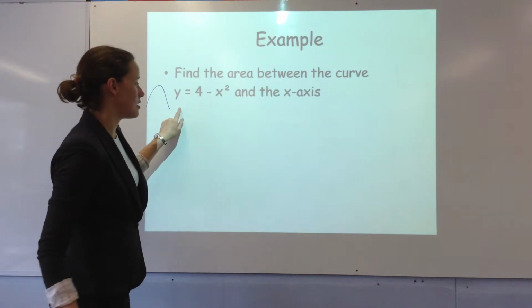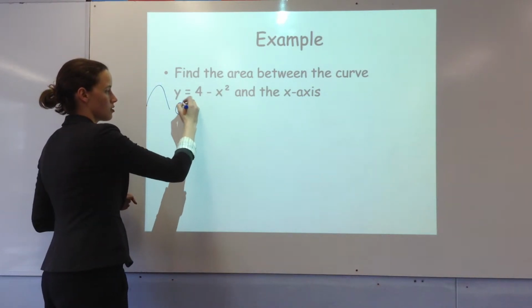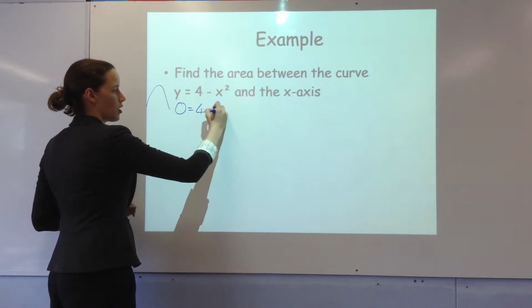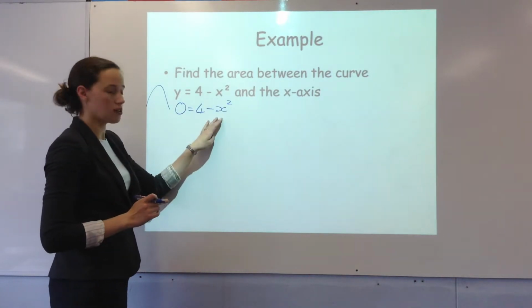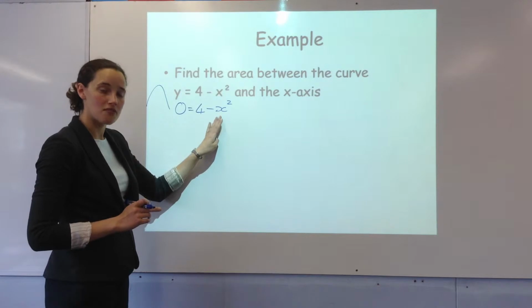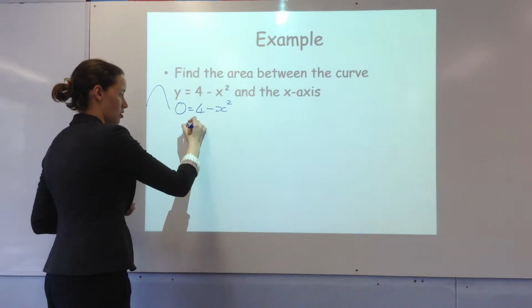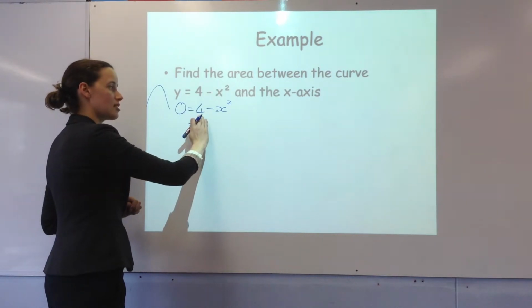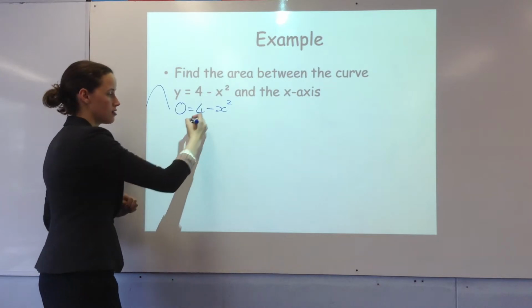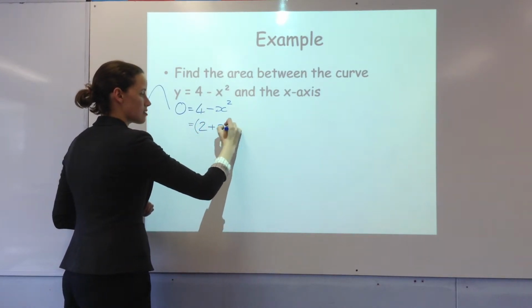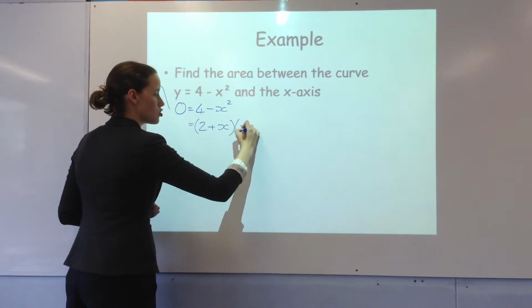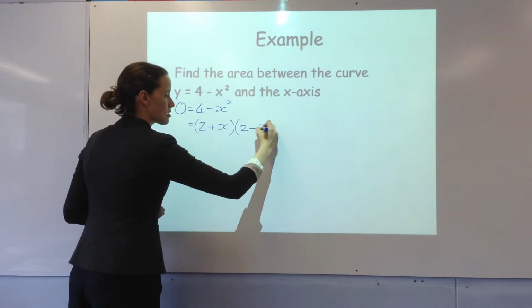It's where y is equal to 0. So I'm going to substitute in that y is equal to 0. Now I've got an equation where the only unknown is x. Therefore, I can find out what x is. I'm going to do that by factorising. You'll notice that this is the difference of two squares. So we've got 2 plus x and 2 minus x.